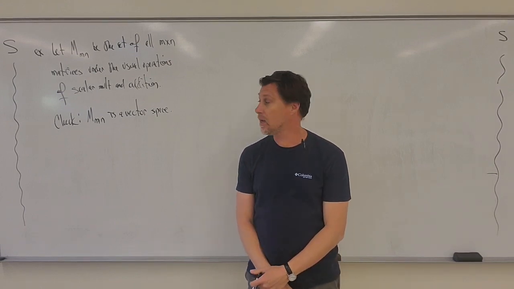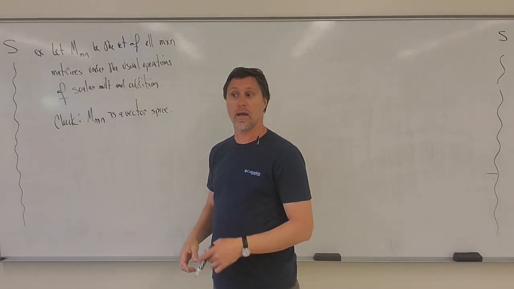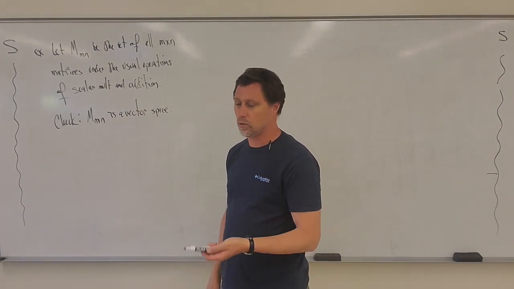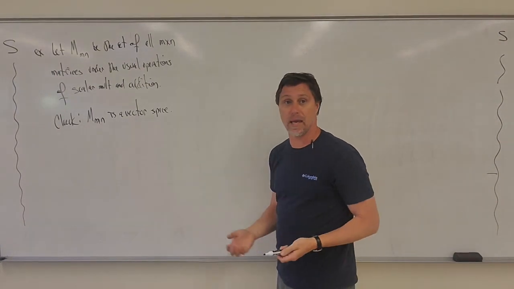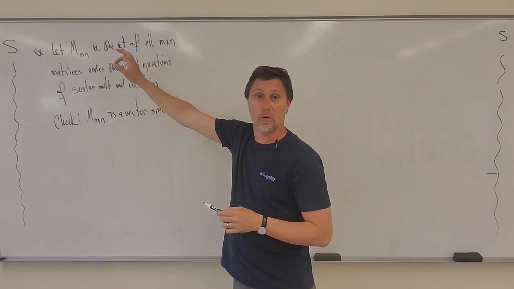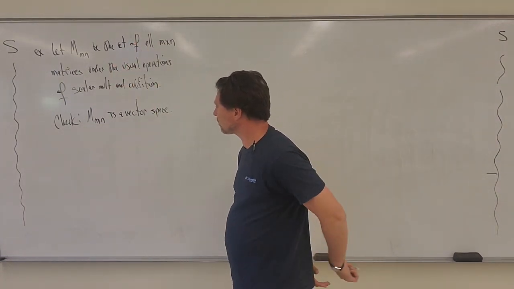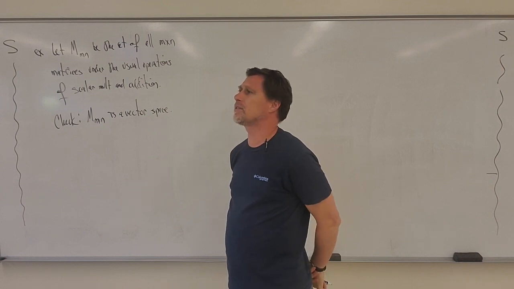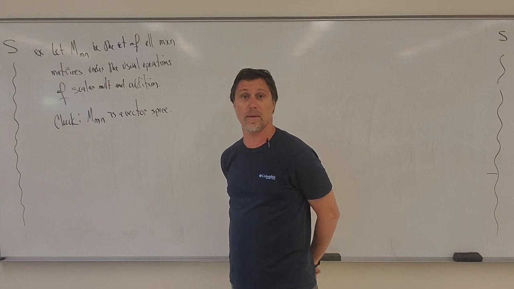That means that M sub mn is closed under addition. Same thing, if you do scalar times m by n matrix, you get an m by n matrix, which means that M sub mn is closed under scalar multiplication. Properties of associativity and commutativity, we've already seen those. Those are properties of matrix operations.